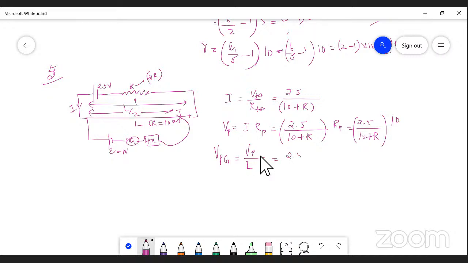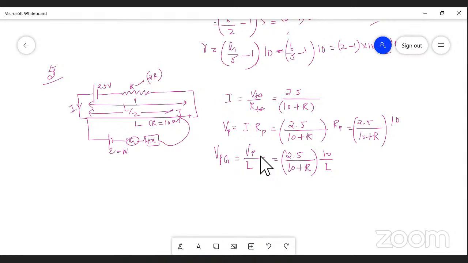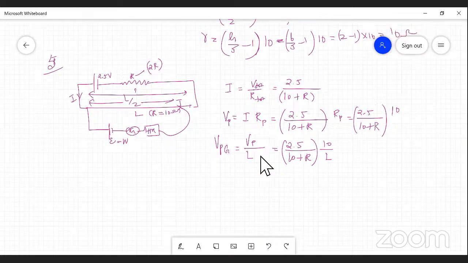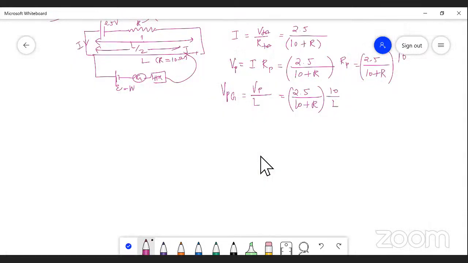We can write 2.5 divided by 10 plus R, into 10 divided by L. This is the potential gradient, for 1 meter length.